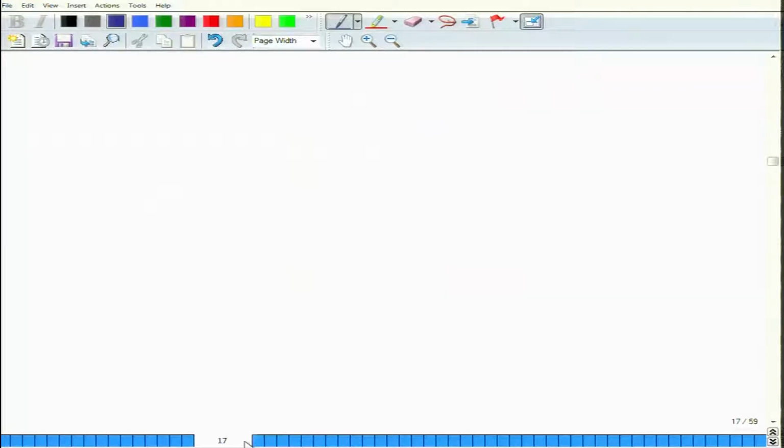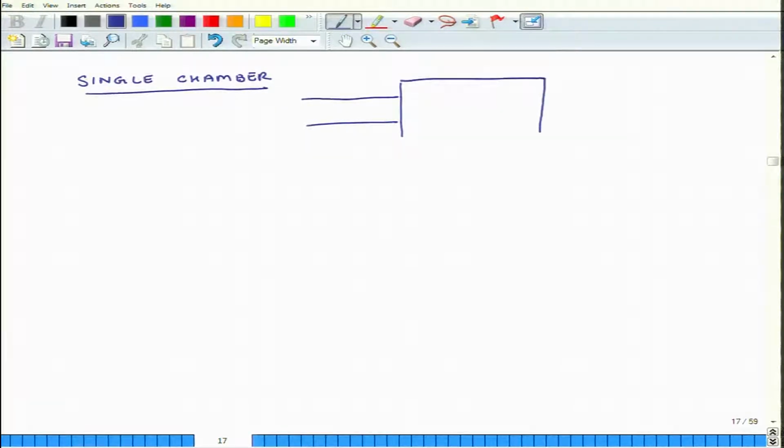Okay. So, let us look at this design once again. The single chamber design, what does it have? It has an inlet port, it has an expansion chamber, and it has an outlet port.